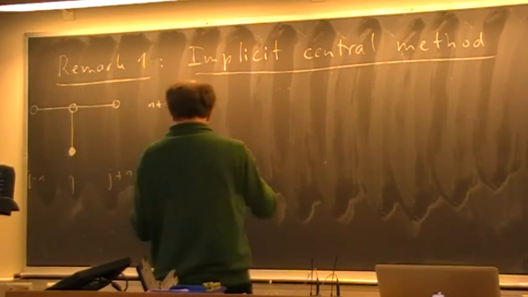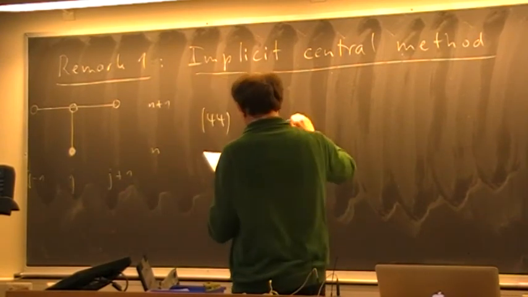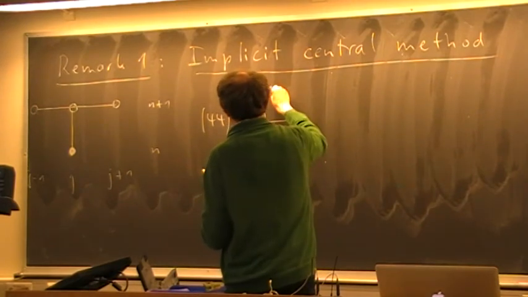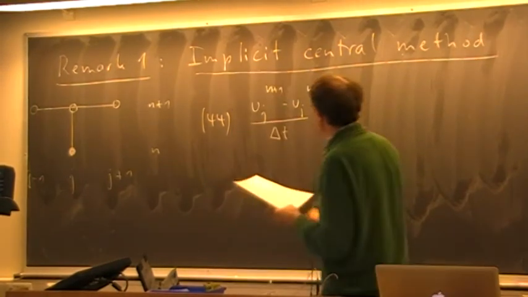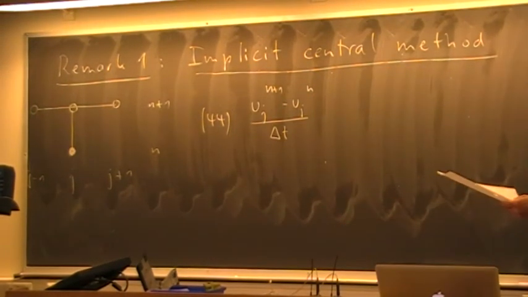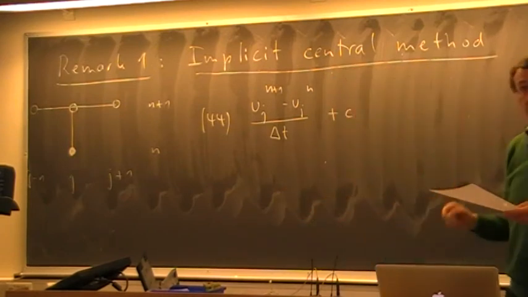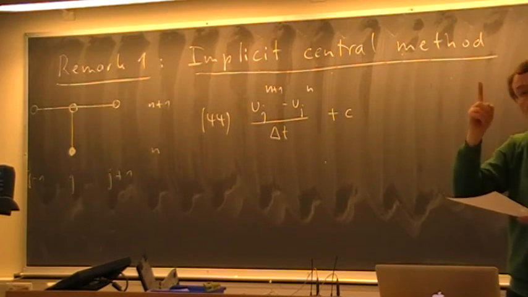And that means the following method. We take the usual discretization of the time derivative, u_j^(n+1) minus u_j^n divided by delta t. And then we discretize the space derivative centrally, but at the new time level.